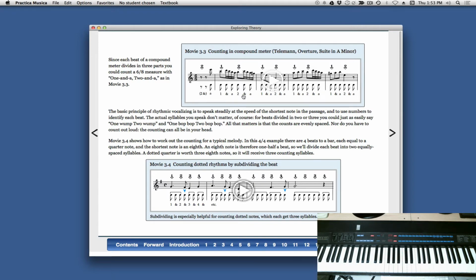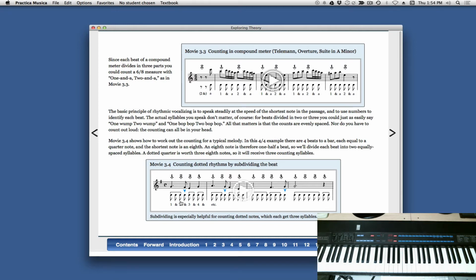Now if you've got 16th notes, then it gets kind of tricky. I usually go 1 baba daba 2 baba daba 1 and 2 and 1 and 2 baba daba 1 and 2. So you can use whatever system you want as long as you get the rhythm correct.